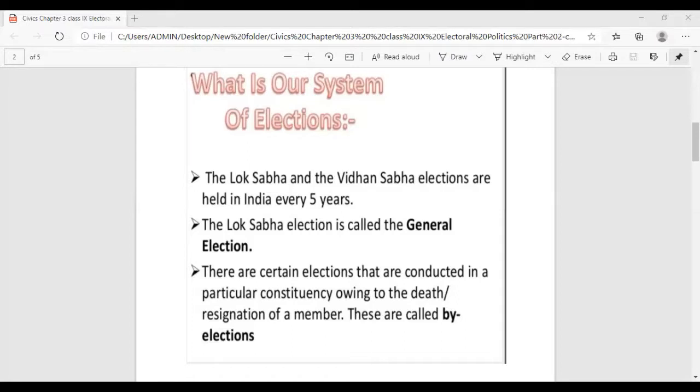The entire state of Karnataka has a total area of 1,91,976 square kilometers. Now let us assume that we divide Karnataka into constituencies such that each constituency has equal area. We are just assuming this. And what do we find?